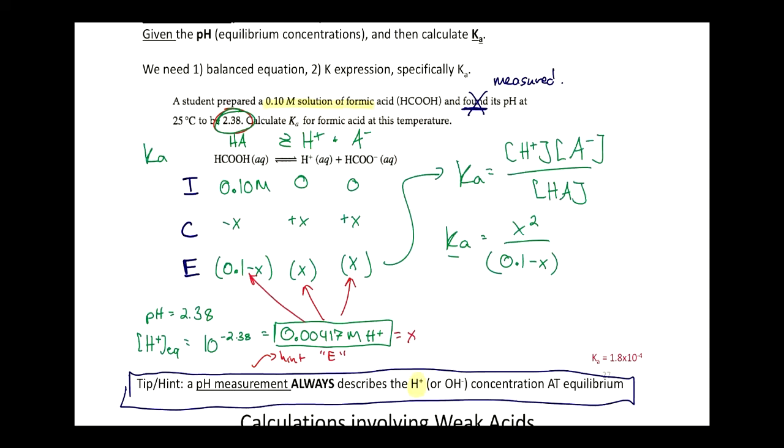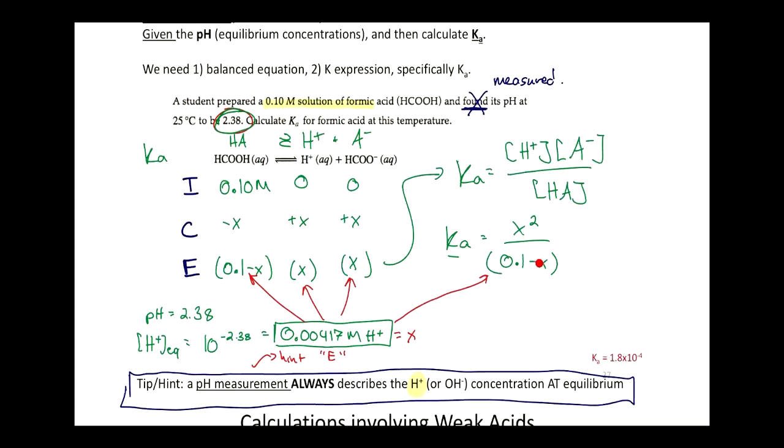All right, and that's the value of X, so you can just put it into that Ka expression and then calculate what K is from there. So that pH value is your hint to the equilibrium line. It tells you what X is specifically.